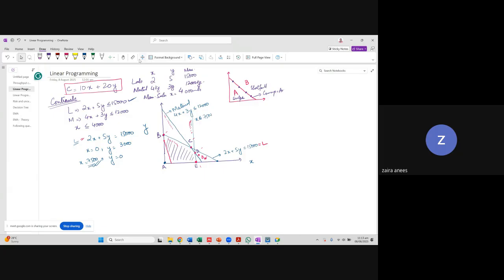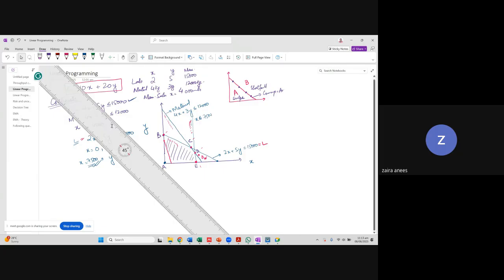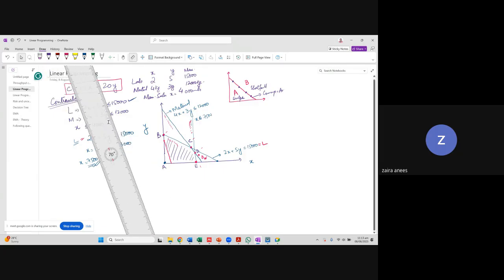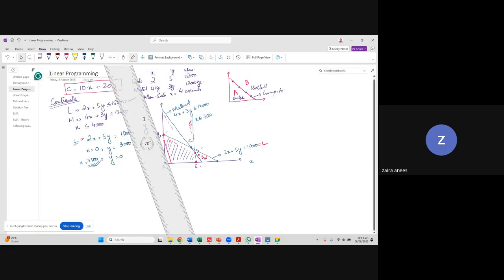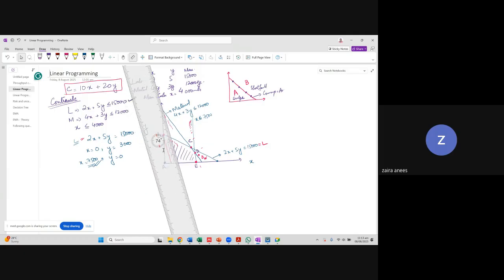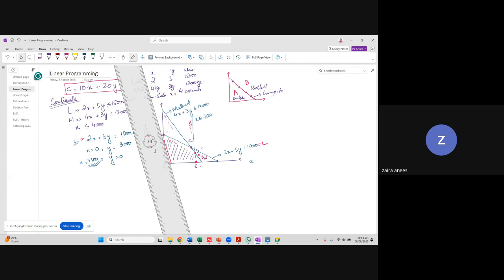So you have to take a scale, right? Put it at a slope similar to the one in your question, so this slope and the slope of the scale should be exactly the same, right? And then you have to move it away from the origin. So the point which will remain at the end, right?